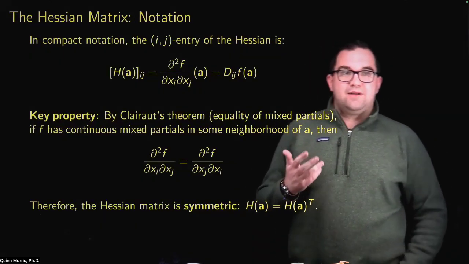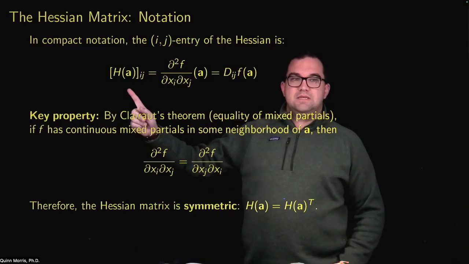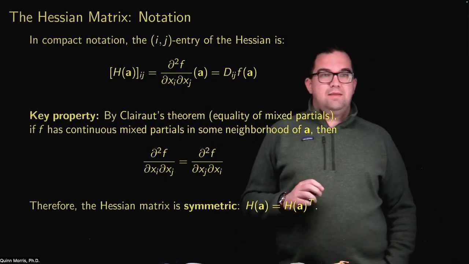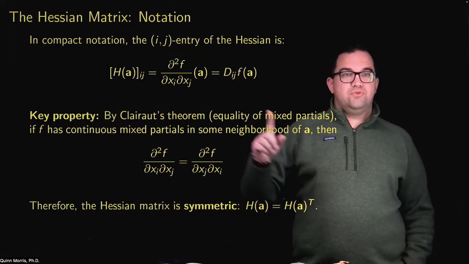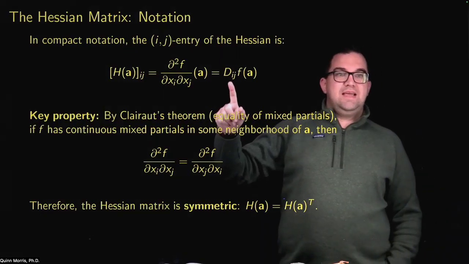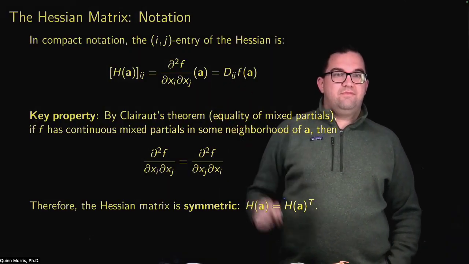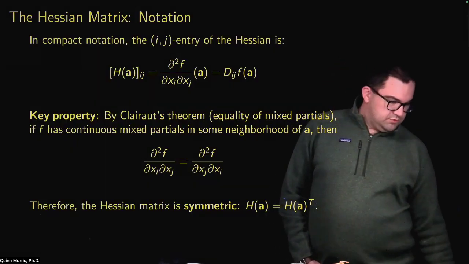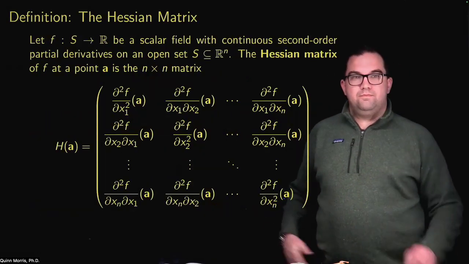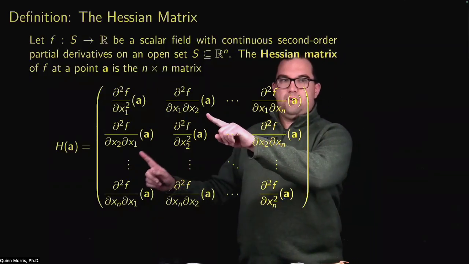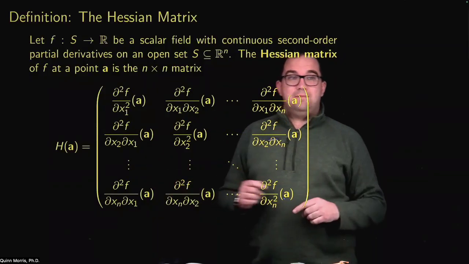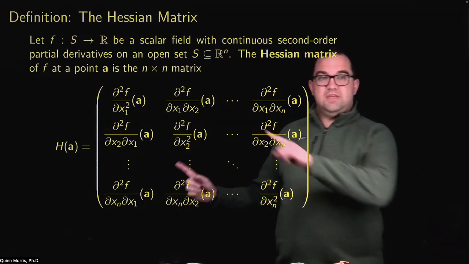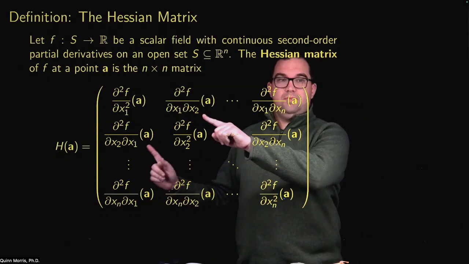A more compact way of thinking about this is that the Hessian matrix at A is the n by n matrix whose ijth entry is simply d_ij of f at A. Now, if we switch back momentarily over here, you'll notice you have these mixed partials, which, if I'm dealing with continuous second order partial derivatives, by Clairaut's theorem, will be equal.